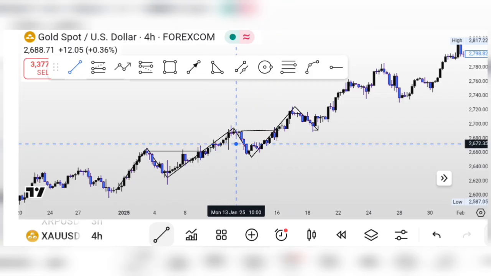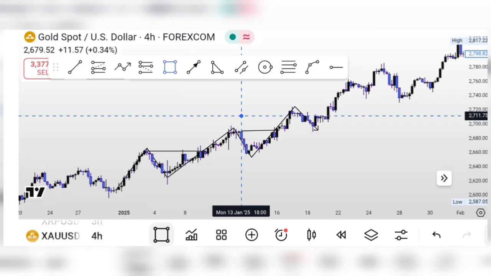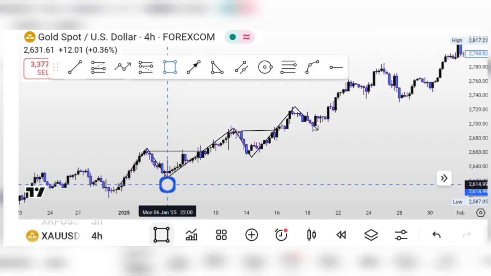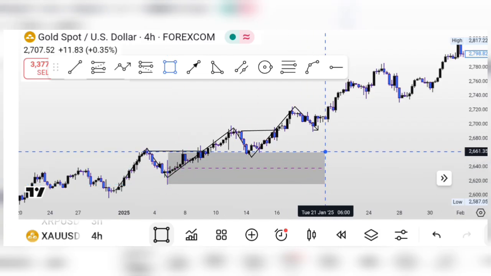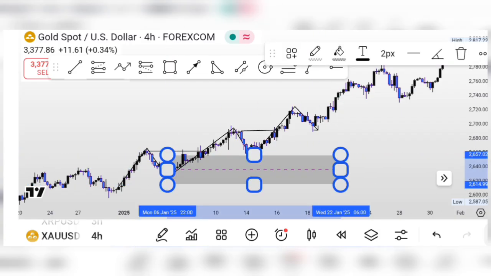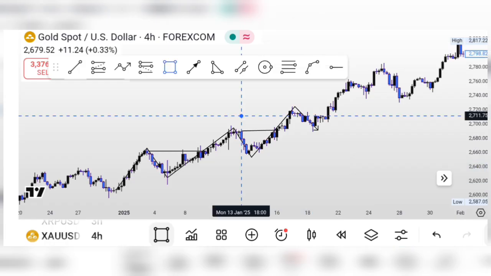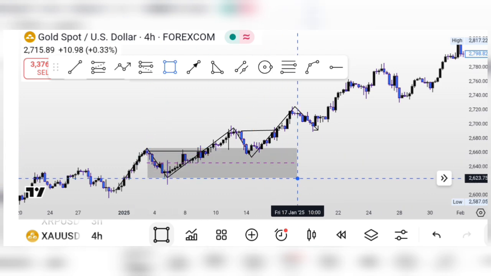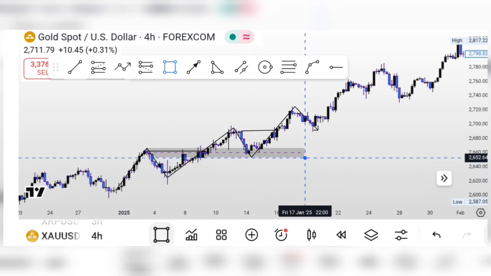You can catch entries, but some traders ignore the break of structures. So a break of structure is once the market breaks a structure, you know that it is going to retest. So as it's retesting, you put your entry at those zones which you know that the market is going to retest from.